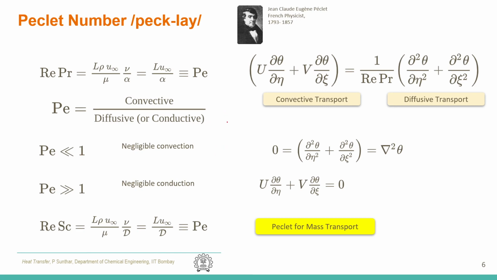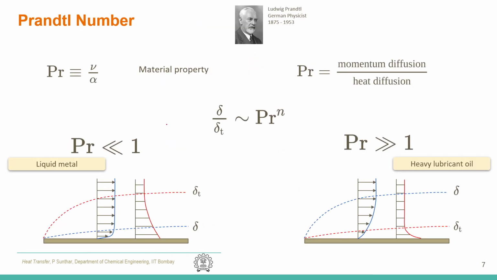Similarly, if Peclet number is greater than 1, we can say that conduction is very low, that is conduction is negligible. The same Peclet number you would have encountered in mass transfer also. In mass transfer, rather than the thermal diffusivity, we use the diffusion coefficient. So this is the Peclet number for mass transfer, and this is the Peclet number for heat transfer. Both are more or less similar, except for the diffusivity term that is different.